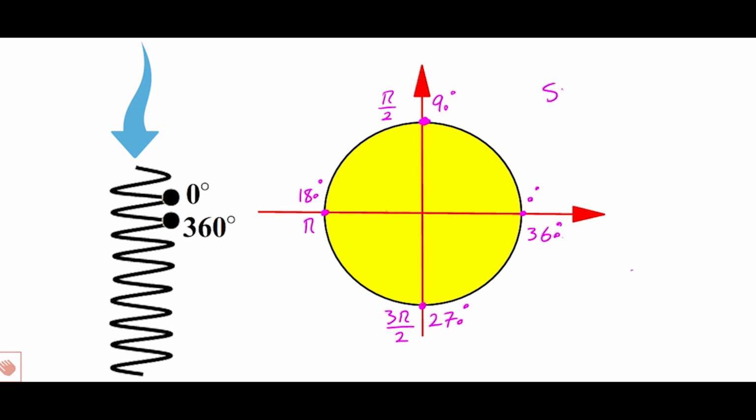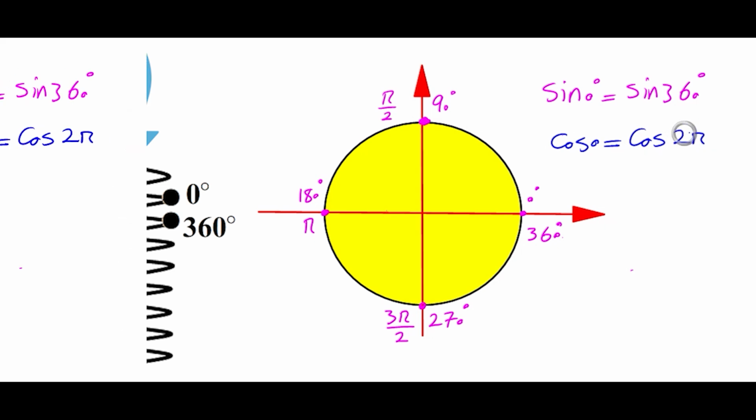So the sine of 0 degrees is equal to the sine of 360 degrees. Cosine of 0 is equal to cosine of 2 pi in radians. And also tangent of 0 is equal to tangent of 2 pi.